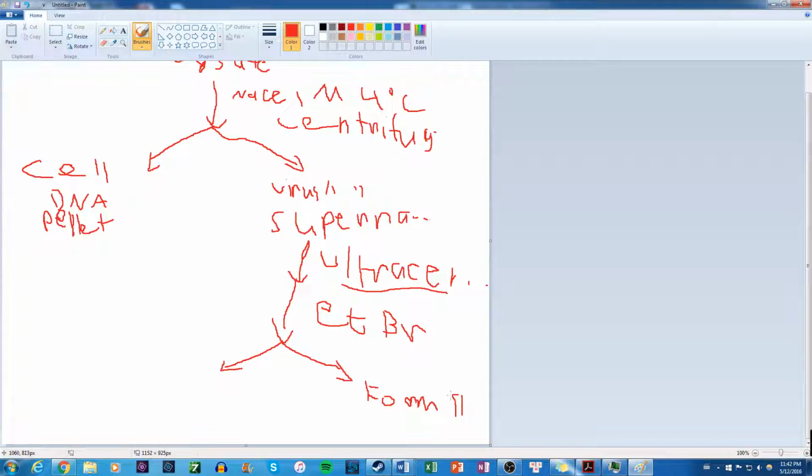So this will be form 2, and this is going to be form 1. Look back in one of my videos, or in Dr. Samuels' lecture, and you'll see how I explain form 1 and form 2. Long story short, form 1 is the super tight, super helical, super wrapped, super condensed virus genome form. Form 2 is when it's much more relaxed. The ethidium bromide binds preferentially to form 2 and subsequently makes form 2 less dense than form 1.